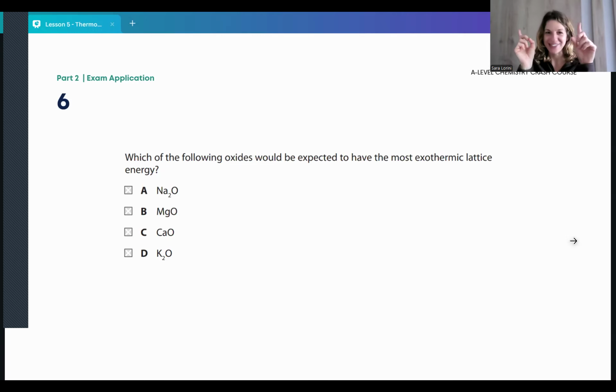Oh, that's a big mistake if you say atomic radius instead of ionic radius, by the way. So ionic radius and the charge. In fact, that would be B, the correct one, because magnesium has a higher charge compared to sodium and potassium, and compared to calcium has a higher charge density. And then oxygen here is always the same anion, so no comparison there. Okay, good, good, good. Who got it right? Let's go with the next one.